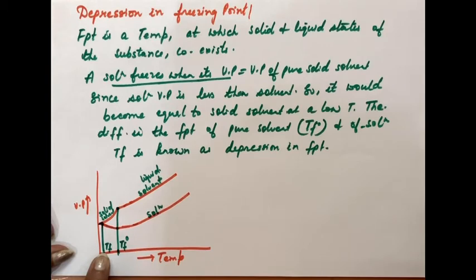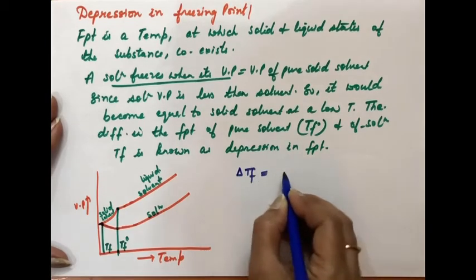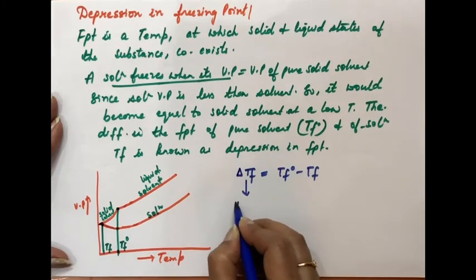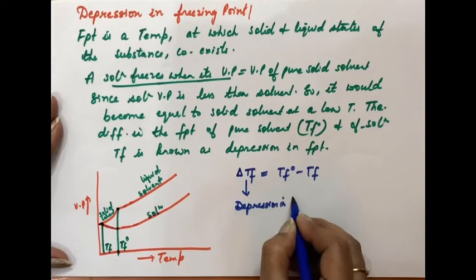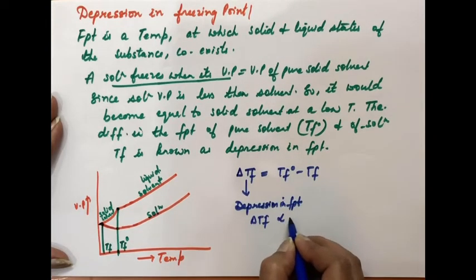How much lower is this? That is the difference of the freezing point of the pure solvent and that of the solution. This is Tf naught minus Tf. So we can write this as delta Tf, which is equal to Tf naught minus Tf, and this is called depression in freezing point, and this is also proportional to the molality.